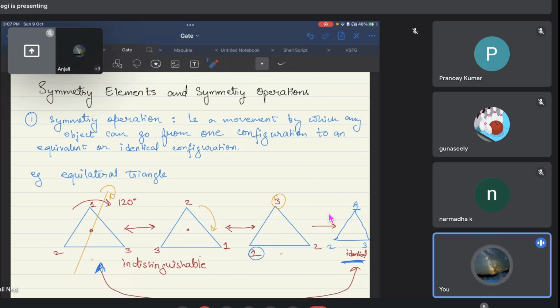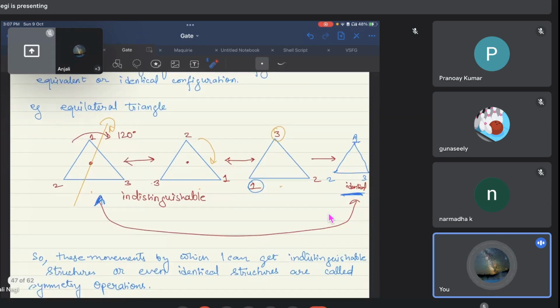Again, if I do this 120-degree rotation about that axis, I get a different configuration because I have tagged them, but it is again indistinguishable. When I rotate my triangle once more, I get the identical one, as in the first.